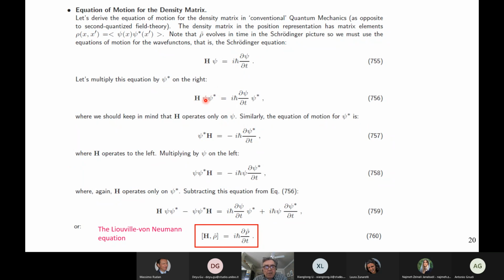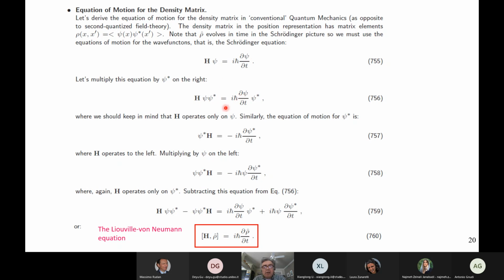The density matrix is defined as the product of two wave functions or two fields, okay? The field and its complex conjugate, or its Hermitian conjugate in second quantization. The wave function evolves in time in a Schrödinger representation. It's fixed in a Heisenberg representation. So the density matrix evolves in time in a Schrödinger representation. It's fixed in a Heisenberg representation. It's exactly the opposite of what operators do, observables do. That's why I like to call it a matrix.